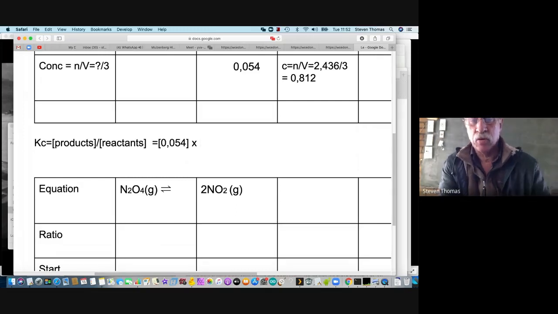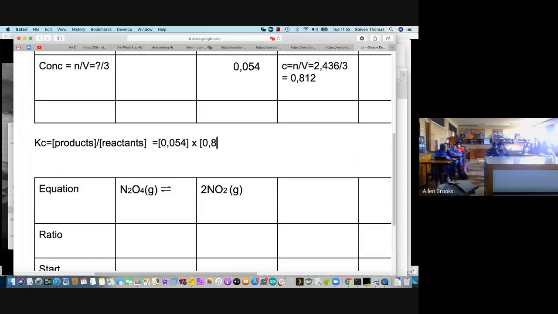Times, sir, Pascal, is it not 0.812 first, and over the reactants?